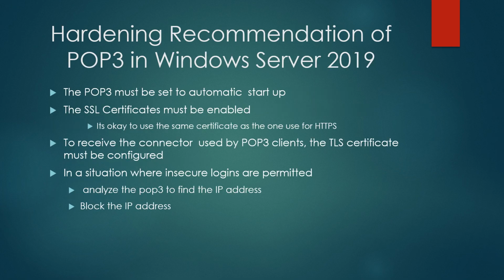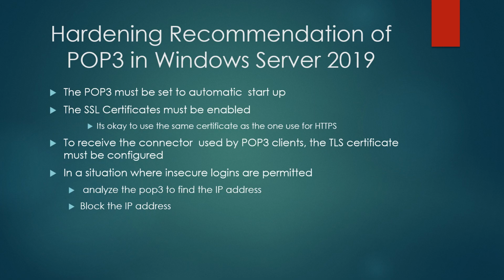Okay, the next thing we need to talk about is how to actually harden it. To harden it, you have to make sure to set, like I mentioned before, an automatic startup. Then you have to give it an SSL certificate. That's when you change it from just POP3 to POP3S, and you make it secure.